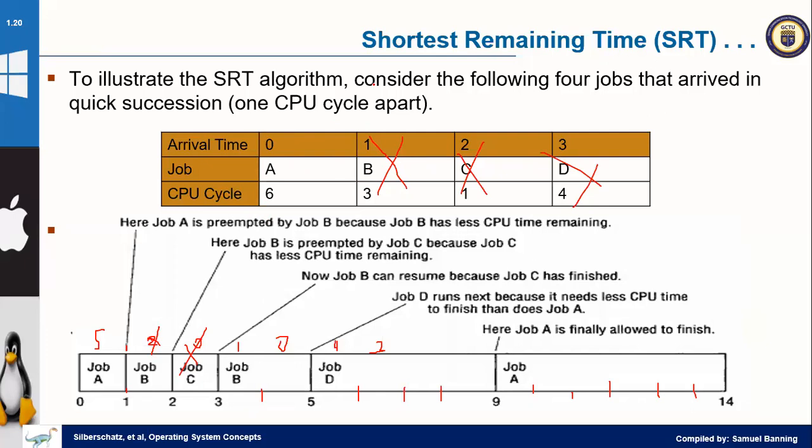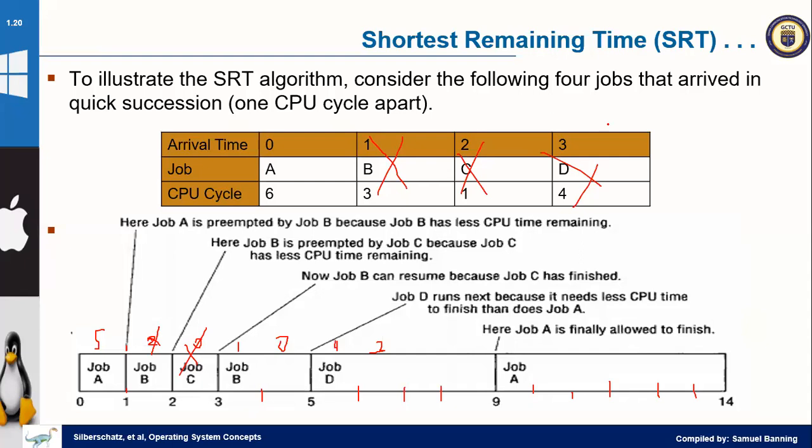Ollins, your hand is up again. Yes, I wanted to ask a question, but my network was messing up. Yes, please go ahead now. Okay, sir. So if I'm understanding this right, let's say at arrival time 0, A came in with a CPU cycle of 6, and at the next arrival time, which is 1, there was no job. So let's say job B came in at arrival time 2 with a CPU cycle of 4.